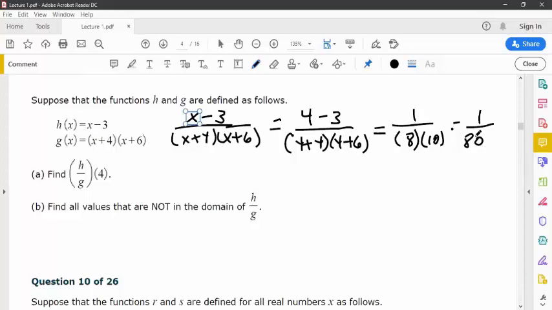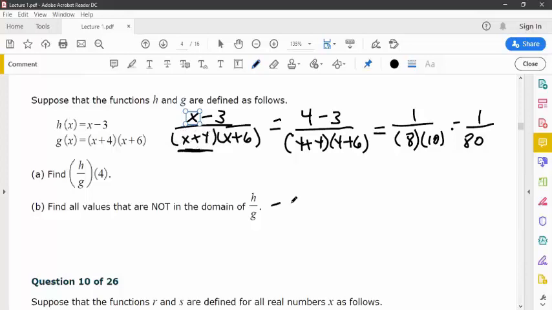Now the second one, we're going to deal more with domains later, but this says find all the values that are not in the domain. So the values that are not in the domain, when we're talking about rational functions or fractions, are just the values that make the denominator 0. So we know that if we plug negative 4 in for the first factor, that would make this 0 because negative 4 plus 4 is 0.